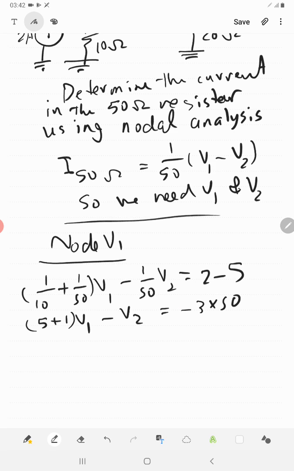We multiply both sides. 2 minus 5 will get minus 3. We multiply both sides by 50, so you get 6V1 minus V2 equal to minus 150. And this is equation 1. Okay?